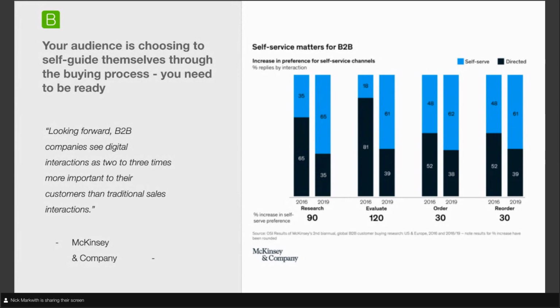Features and pricing tend to be the top 2, but the third, not surprisingly, is the purchasing experience. How they got from identifying their idea, and how you helped and supported them throughout the experience to eventually deciding on you, is a big, massive part of the buying process nowadays. And so you need to be thinking about the digital experience and giving ways in which your audience can self-direct and continue to research on their own.